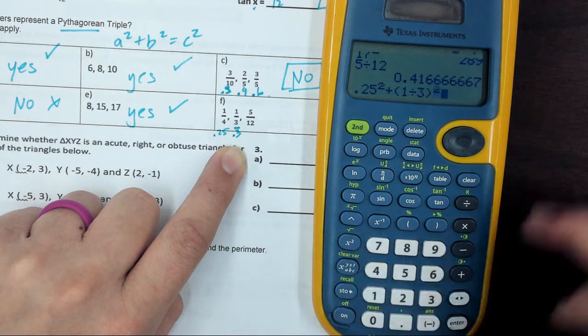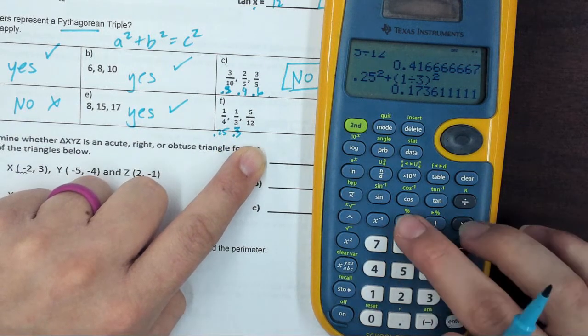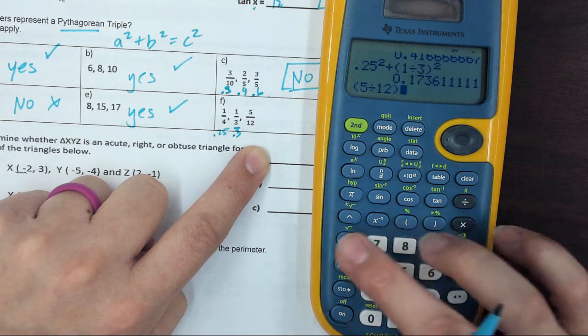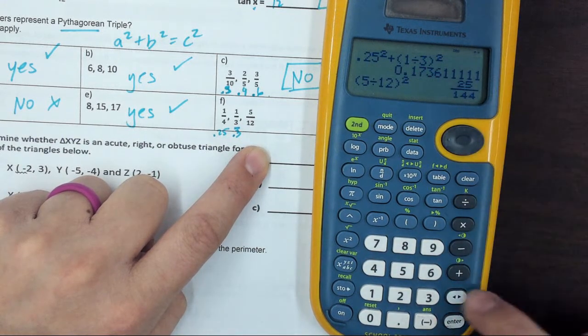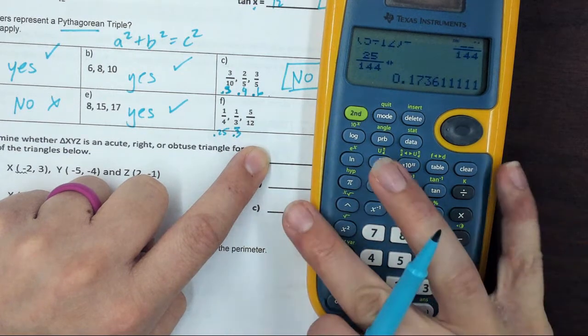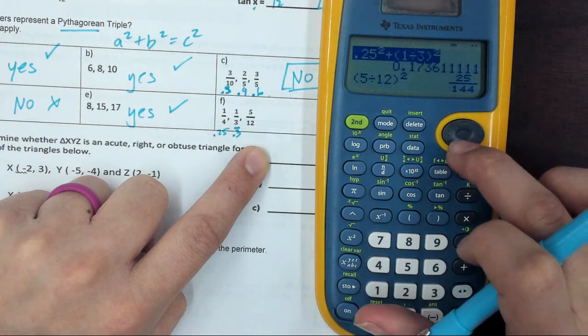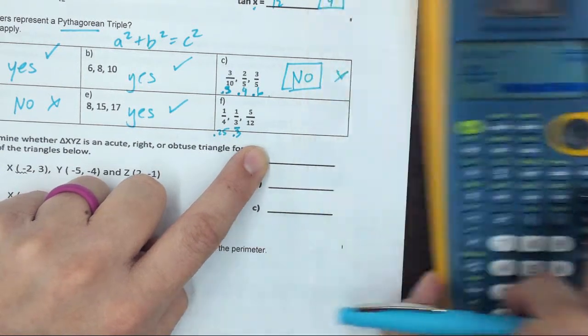I'm going to square it. So I get something like that. And then I'm actually going to do 5 divided by 12 since it's a repeating decimal, and I'm going to square it. See how it shakes out. Well, okay, so I got a fraction, so I hit my little arrows button. It gives me a decimal, so if I compare this one to the one above, looks like those are the exact same thing, so the answer is yes.